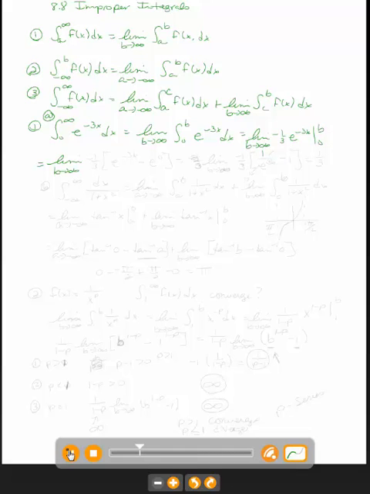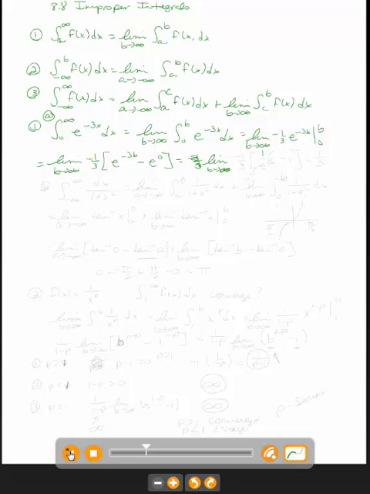Now we do our plug and chug. So we have our negative 1/3, and the book turned it around, but I'm not going to. Negative 1/3 e to the negative 3b minus e to the 0. E to the 0 turns into 1. So now I'm taking the limit, let me write it one more time.